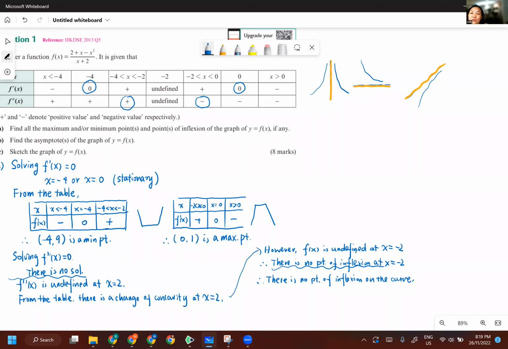In formula, you will see a limit. You will see that there is something equal to infinity. Could be positive infinity, could be negative infinity, to the left and to the right.